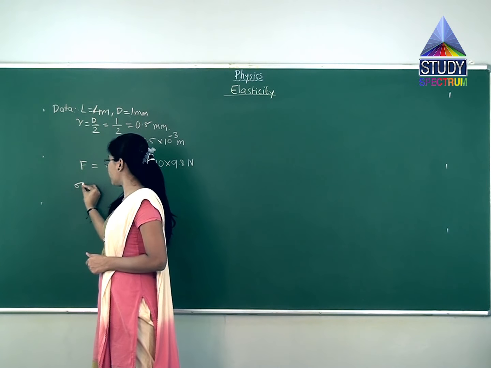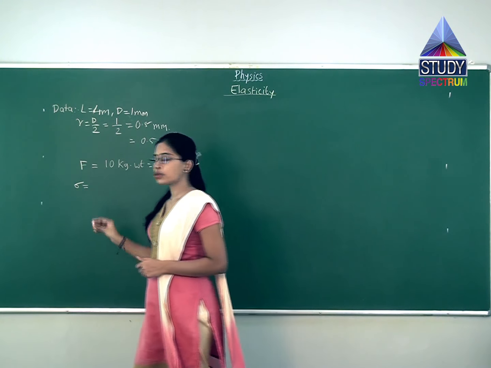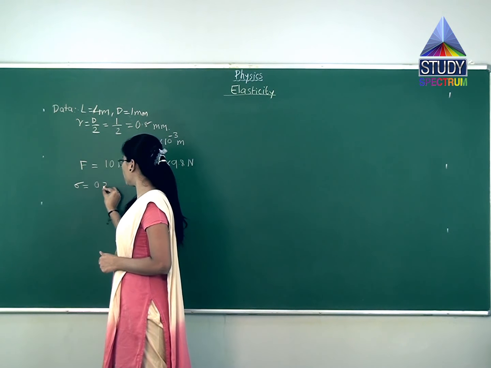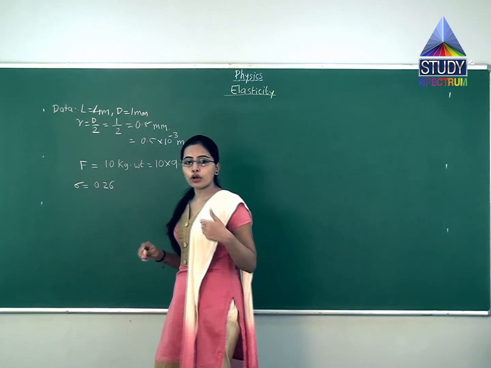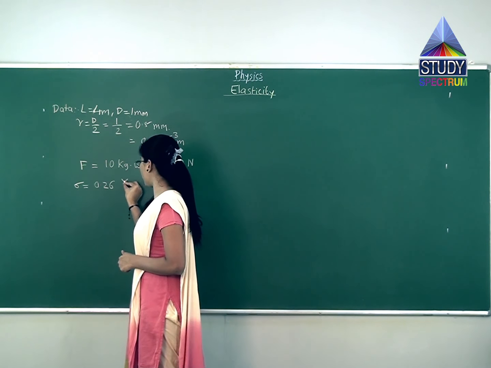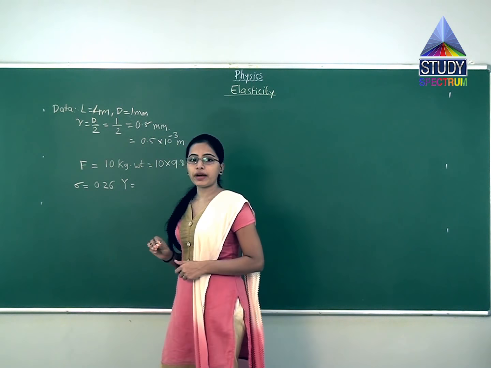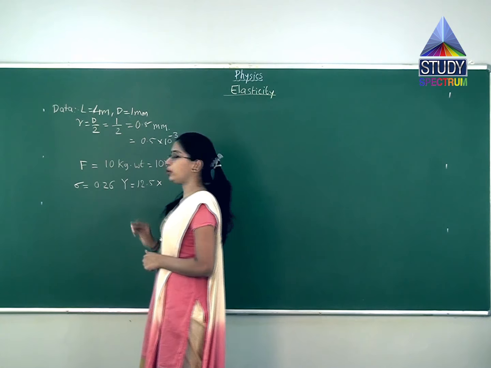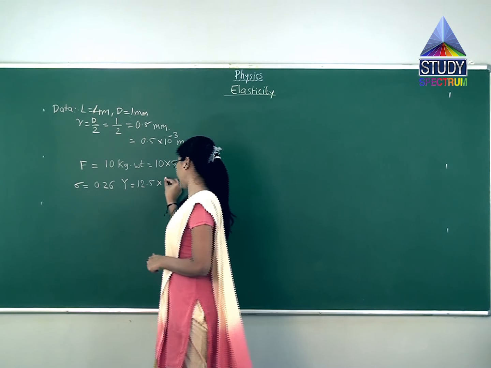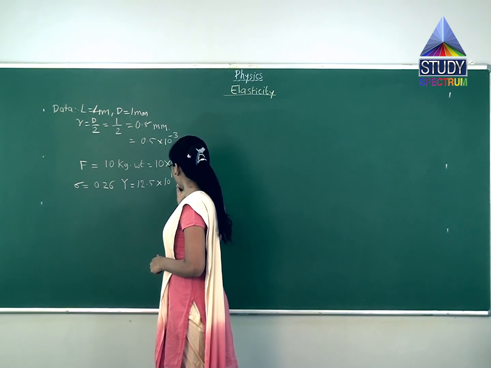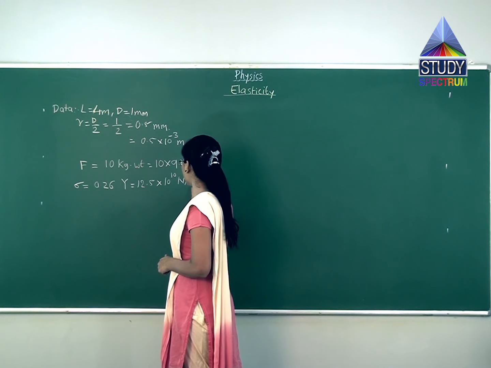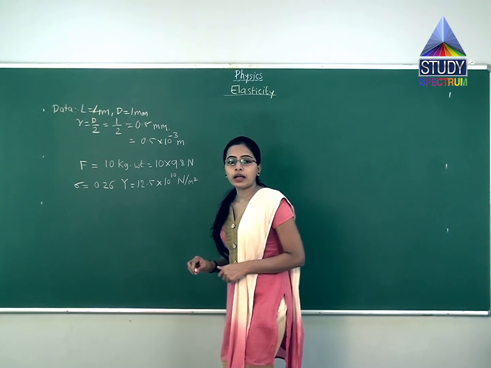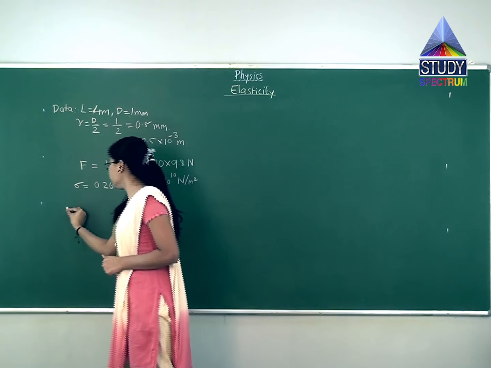Poisson's ratio is also given, sigma is 0.26, and we also have Young's modulus for copper wire, it is 12.5 into 10 raised to 10 Newton per meter square.